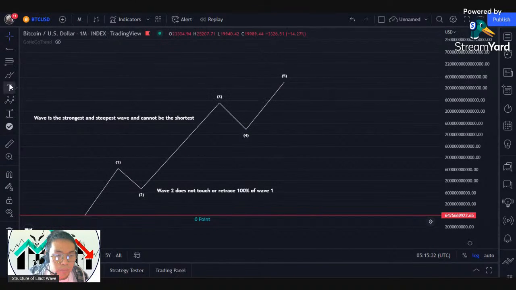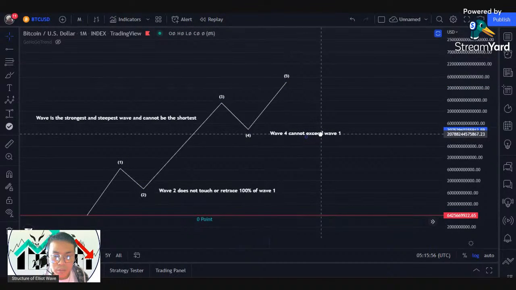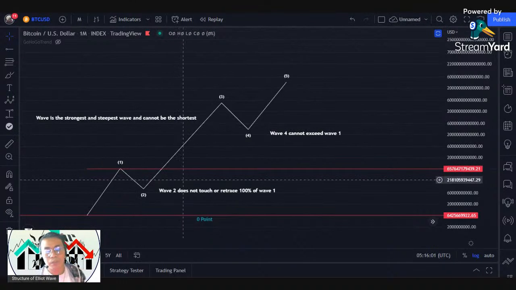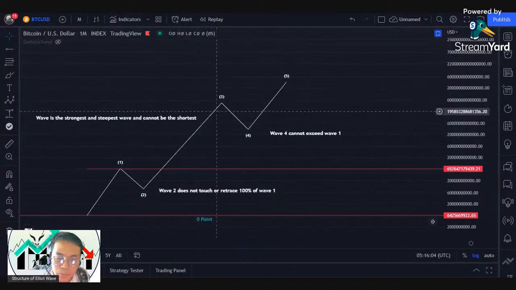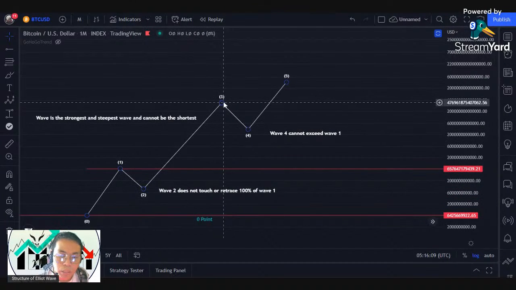The next rule: wave 4 cannot exceed wave 1. Here is a line. For example, wave 2 is finished and the current wave is now wave 3.